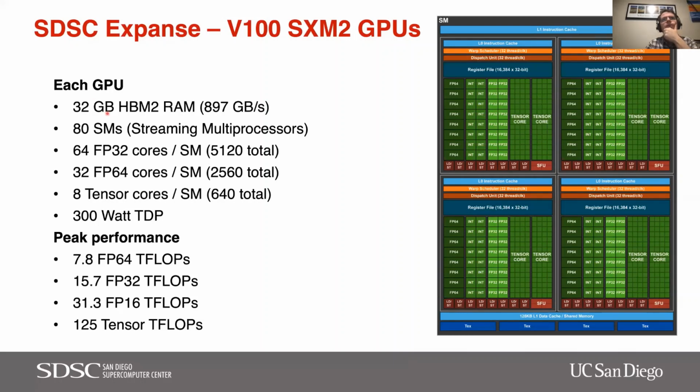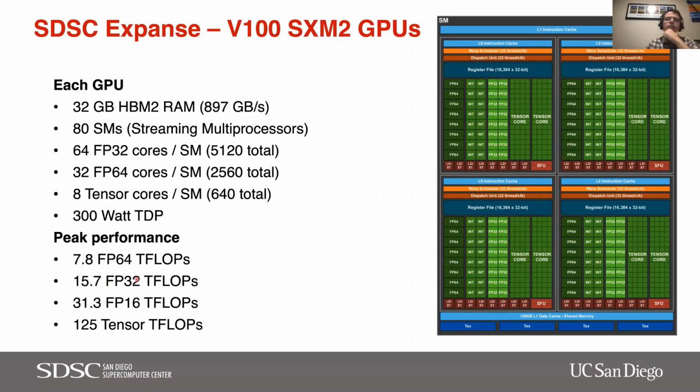Right, so 32 GB of RAM, 80 SMs, 64 FP32 cores per SM, 32 FP64 cores per SM, 8 tensor cores, 300 watts, so not 350, 300 watts they draw. And that's the peak performance that you get: about 7 to 8 teraflops double precision, FP64.